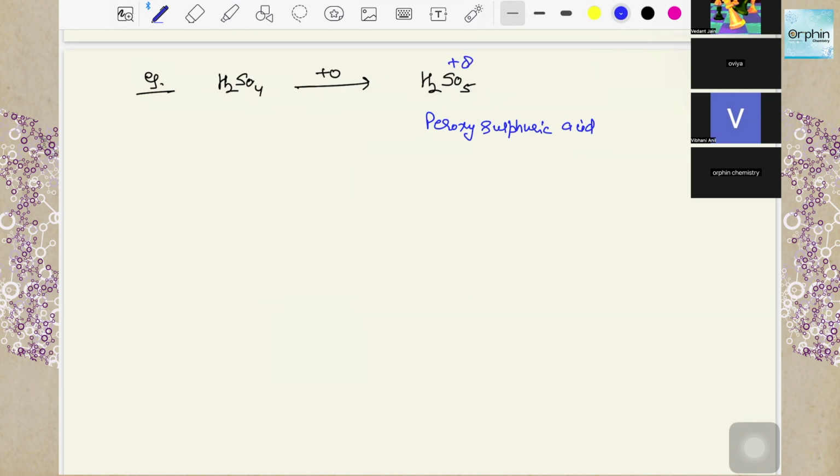There is one common name also for this acid. Do you know the name of this one? It is known as Marshall's acid. Wait, it is not Marshall's acid.